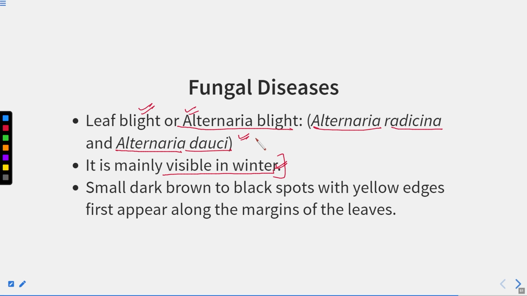So in the winter season, you can see these two fungal infections on the leaf blight. Small dark brown to black spots with yellow edges first appear along the margin of the leaves. So if you see the margin of the leaf, you can see small dark brown to black colored spots with yellow edges. You can see this on the leaf.